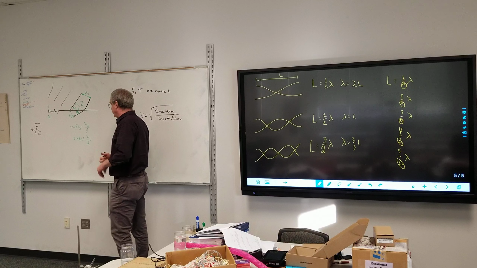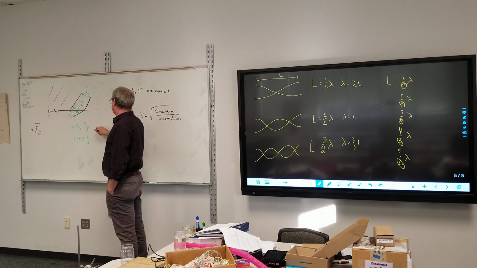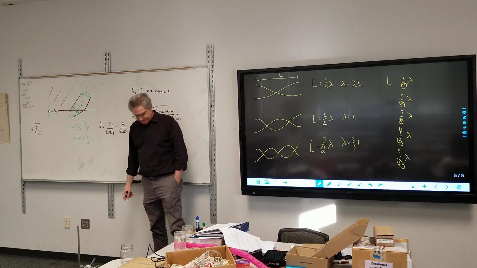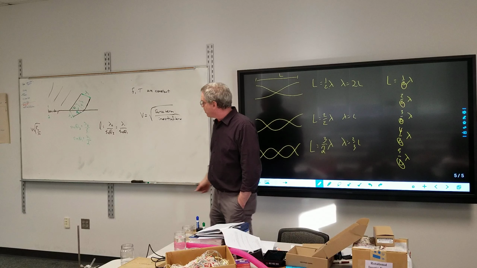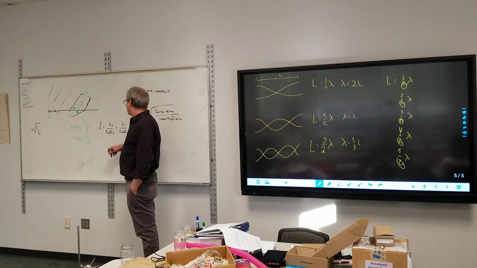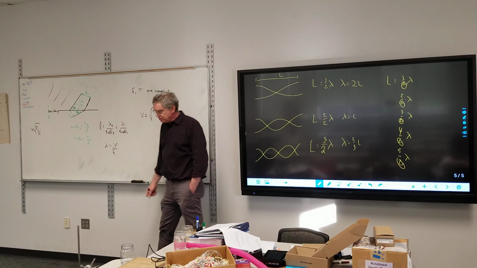L is the same for both. And so L is equal to wavelength 2 over the sine of theta 2, which equals wavelength 1 over the sine of theta 1. I know that the wavelength is equal to the speed over the frequency.